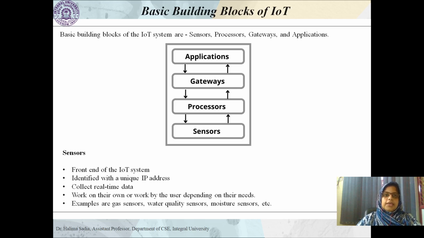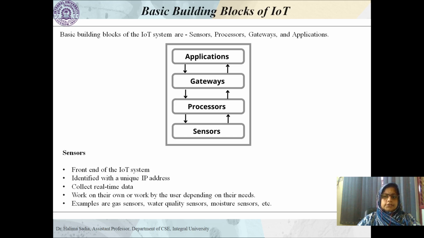Therefore, they can be easily differentiated over a large network. They can either work on their own, or they can be activated by the users depending on the need. The examples of sensors are gas sensors, water quality sensors, moisture sensors, etc.